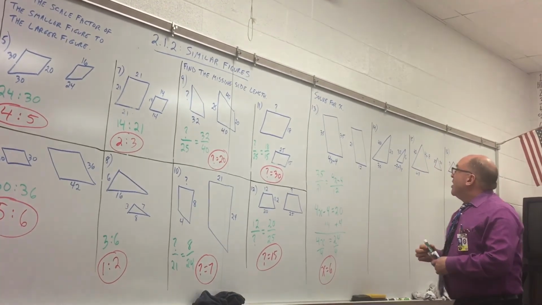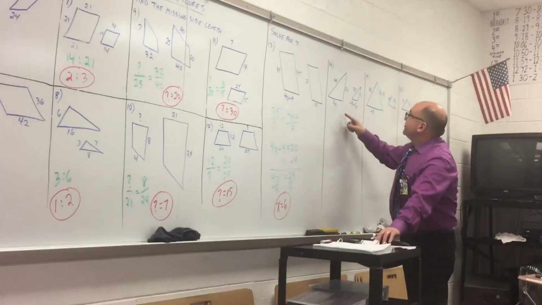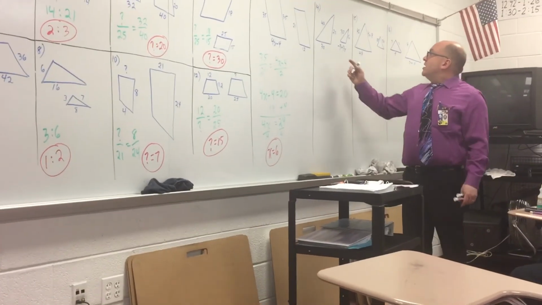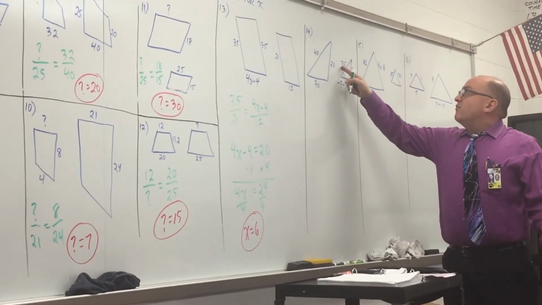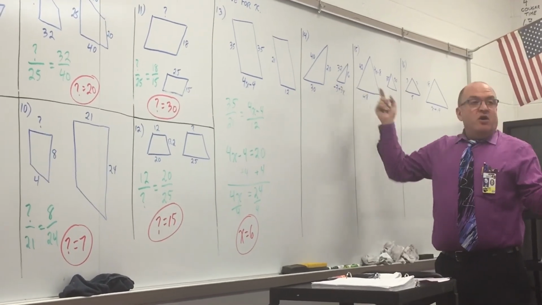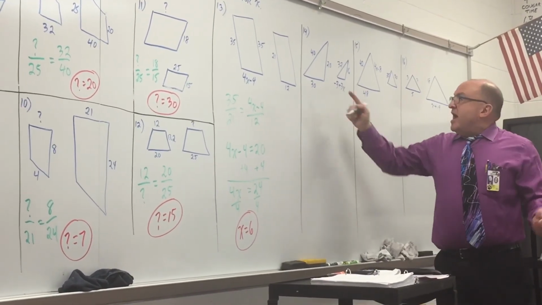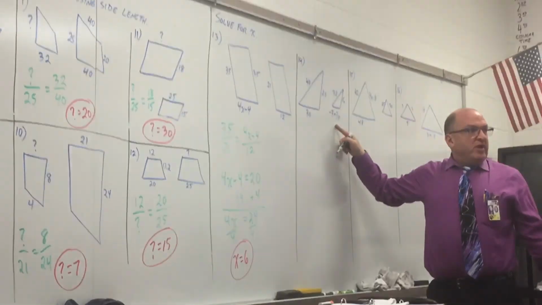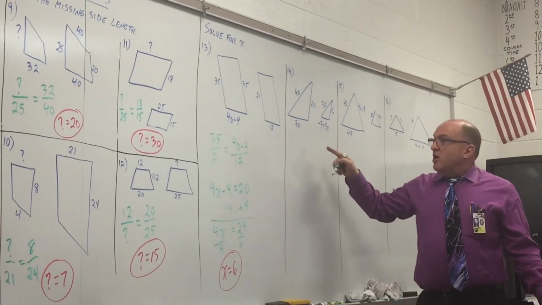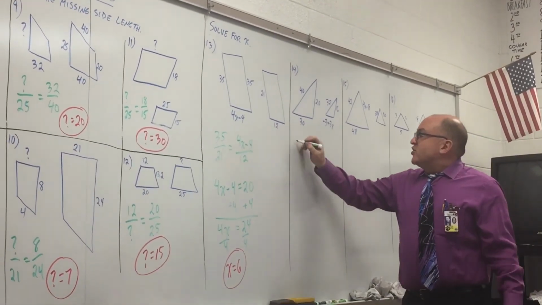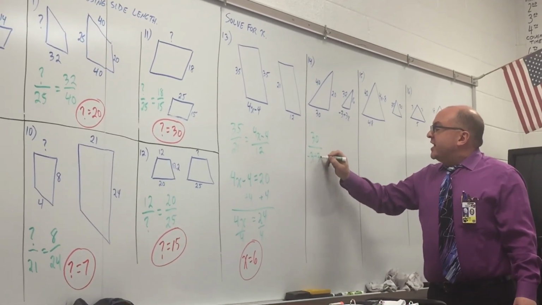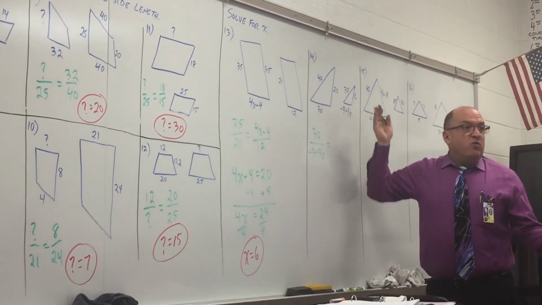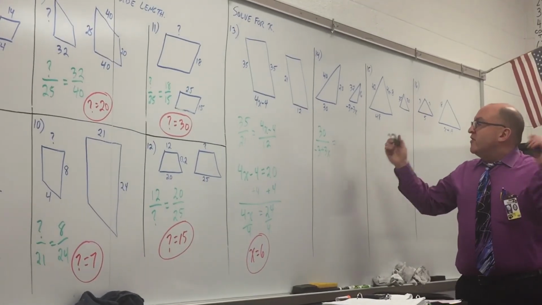Over here, same thing. It doesn't matter if you do 40 over 32 or 20 over 16. But you have to do 30 over negative 3 plus 3x. So I'm going to say 30 over negative 3 plus 3x equals, pick one, 20 over 16.